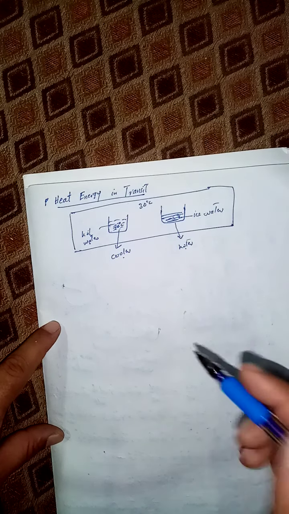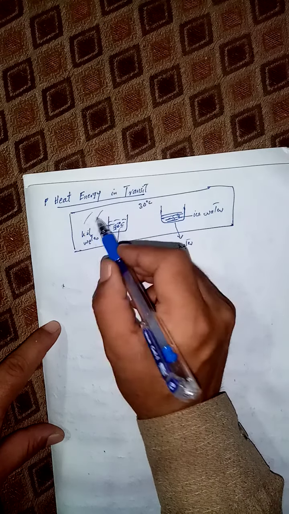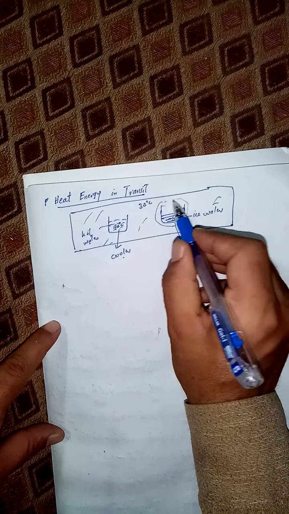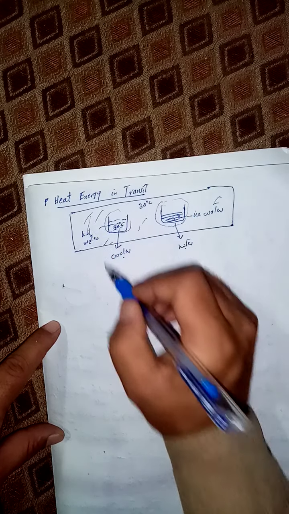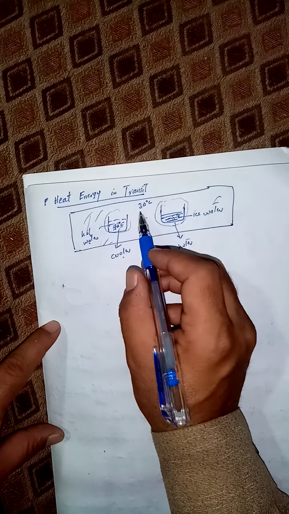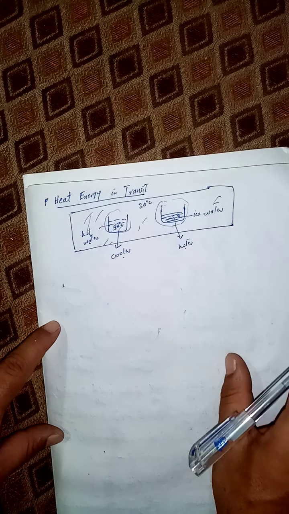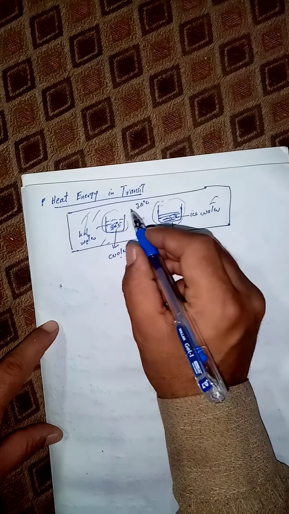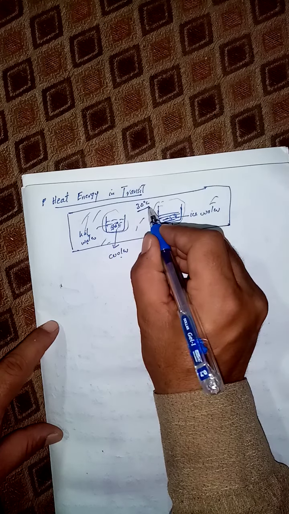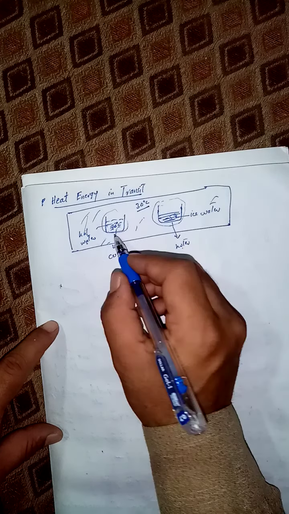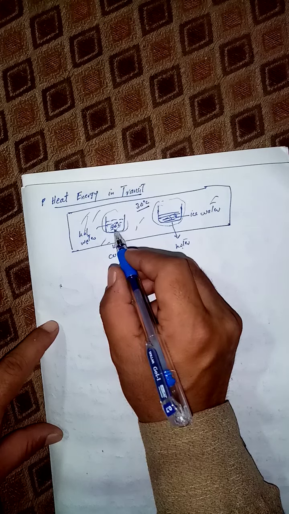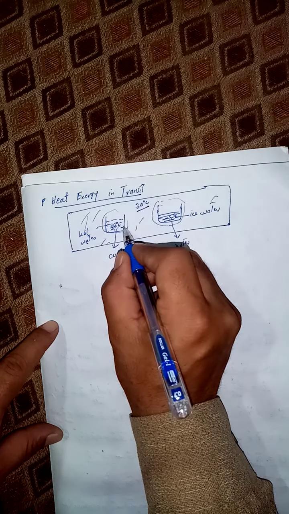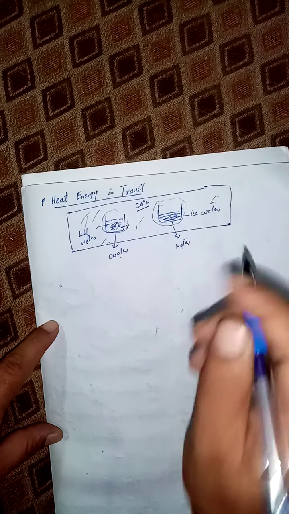The reason is very simple, because we have the environment and we have the system. The system and the environment have a temperature difference, because the environment temperature is 30 degrees C and the system temperature is 70 degrees C. So it means that from this system something is going outside to the environment.